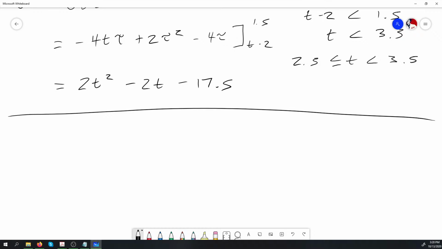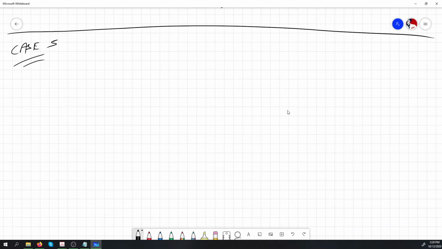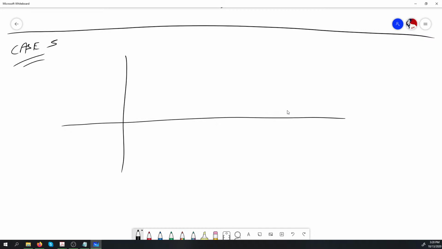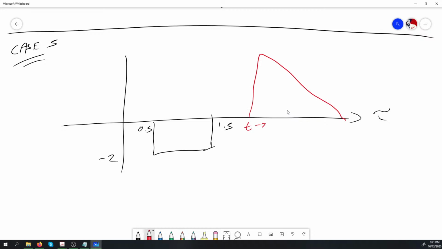And for our last case, it will be case 5. There's no overlap here, but we still need to figure out our t range.